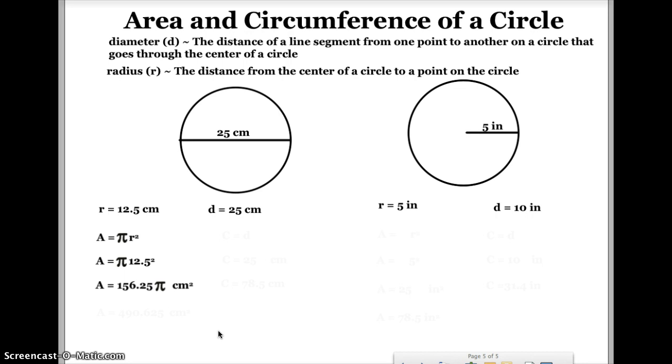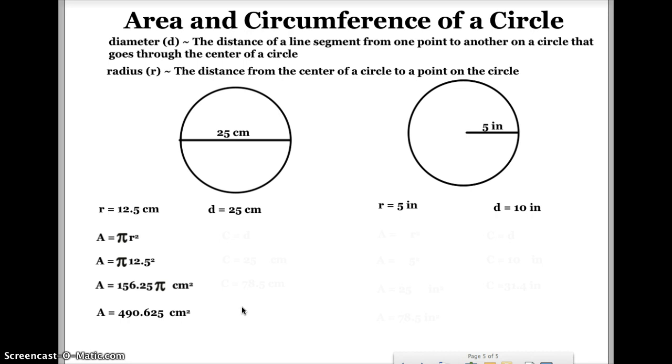So when I take 12.5 squared and times it by pi, I'm going to get area is equal to 156.25 pi centimeters squared. And I could leave the answer like that. That's probably an exact answer. But if I want to make an approximation and use 3.14 as a value for pi, I can take 156.25 and multiply it by 3.14, and I'll get an answer of the area is equal to 490.625 centimeters squared.